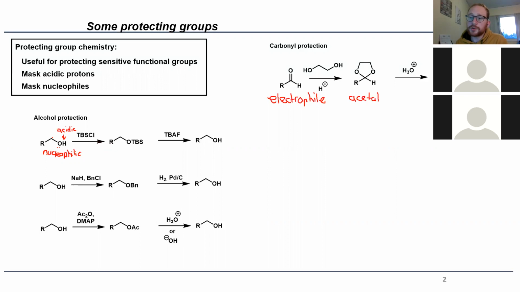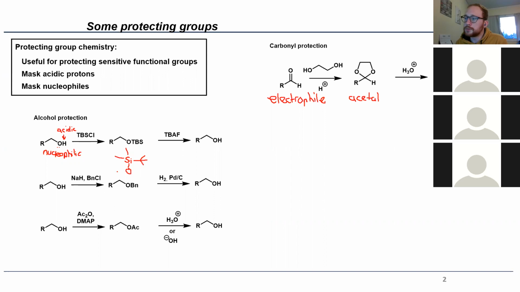One of the go-to ways we can do this is by using TBS chloride to make a silyl ether. This TBS group is silyl dimethyl tert-butyl, dimethyl tert-butyl silane. This is a silyl ether, and they can be cleaved by fluorides.